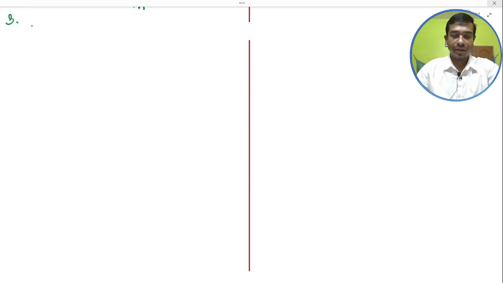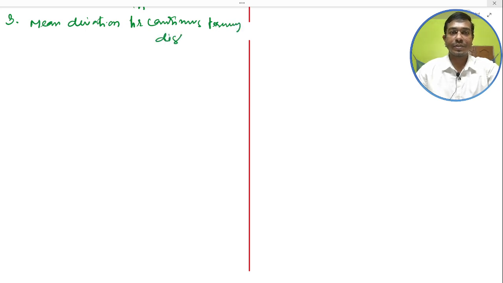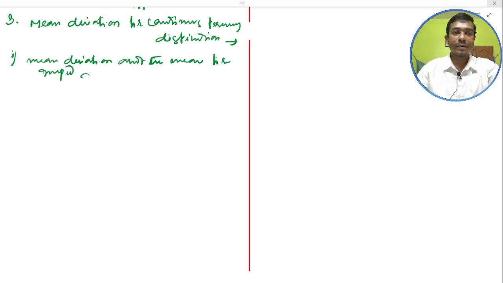Number 1, the mean deviation about the mean for grouped data, using the shortcut method, the step deviation method.